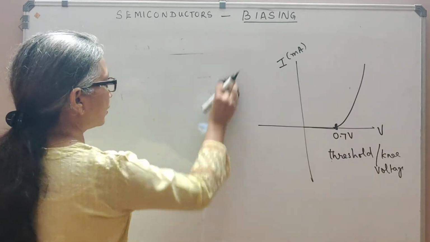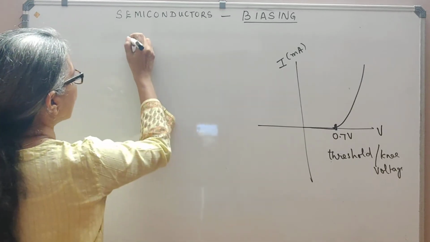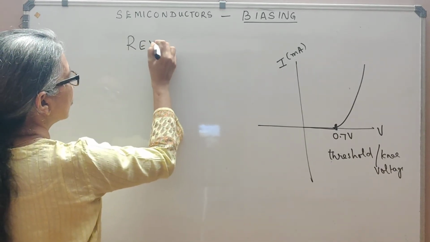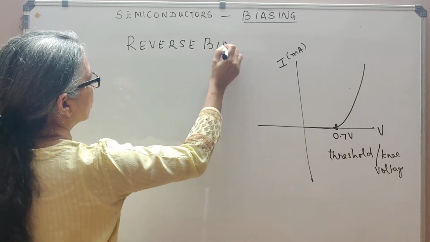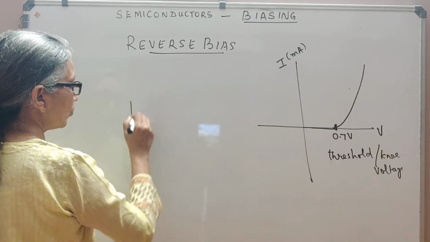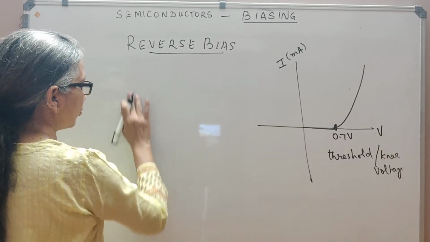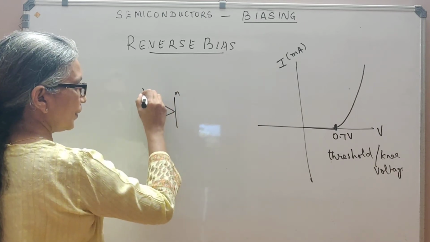In the reverse biasing, we just do the opposite. Let me draw the symbol. This is the N type, this is the P side.